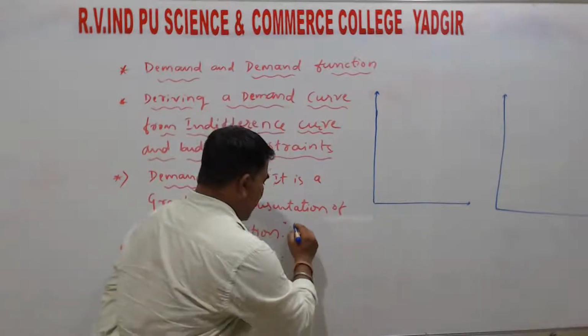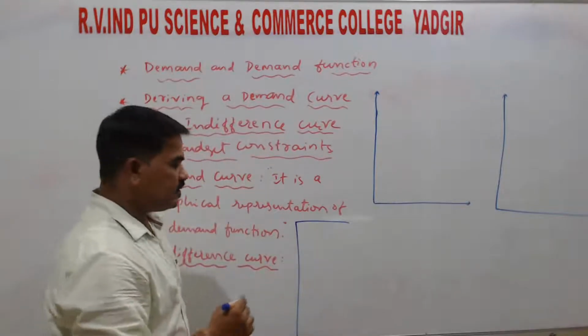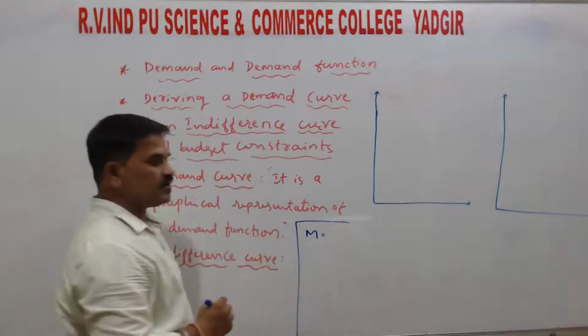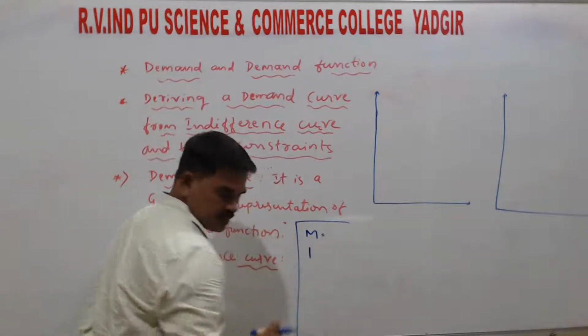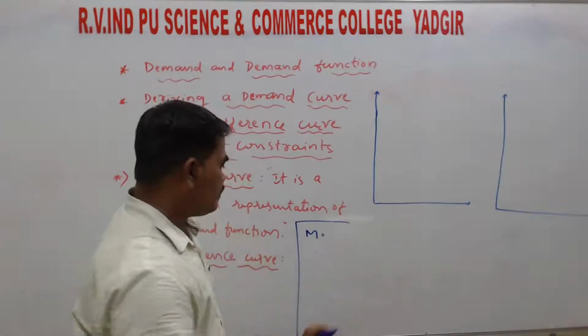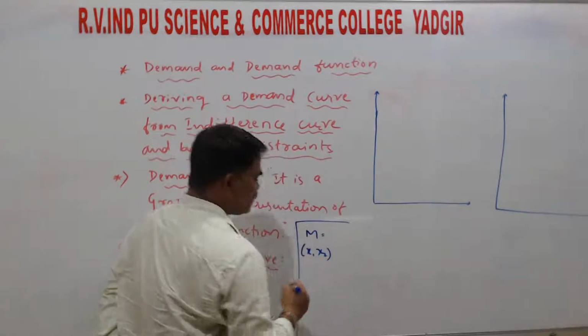Now we have the given data here, that is M. M is income of the consumer, that is given. P1, as we know, in our market we have bundle here X1 and X2. Correct?